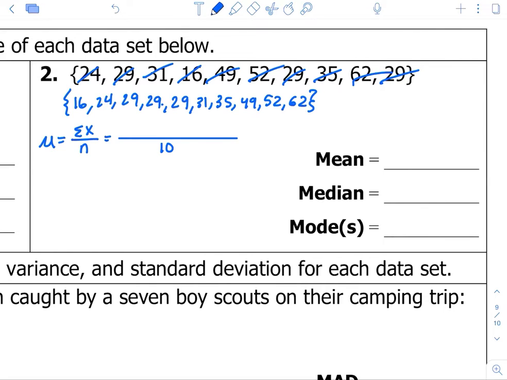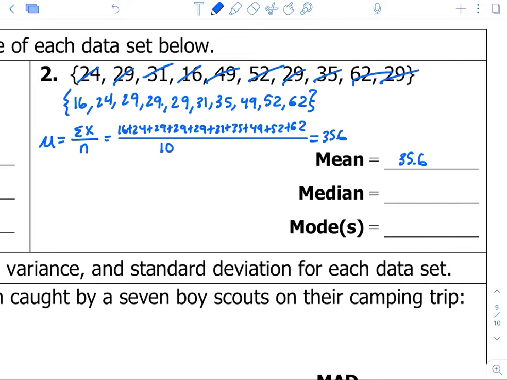Then we add them all together: 16 plus 24 plus 29 plus 29 plus 29 plus 31 plus 35 plus 49 plus 52 plus 62. All of that divided by 10 is around 35.6.